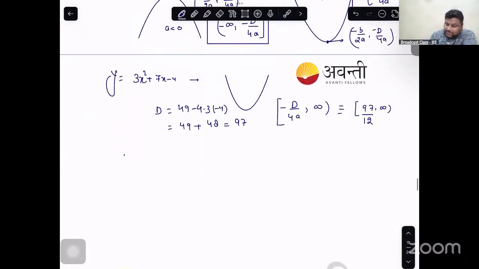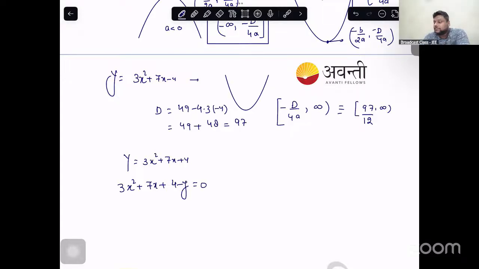The quantity given to you is y equals 3x square plus 7x minus 4. So it will be 3x square plus 7x minus 4 minus y equal to 0. For this quadratic, d is more than or equal to 0.